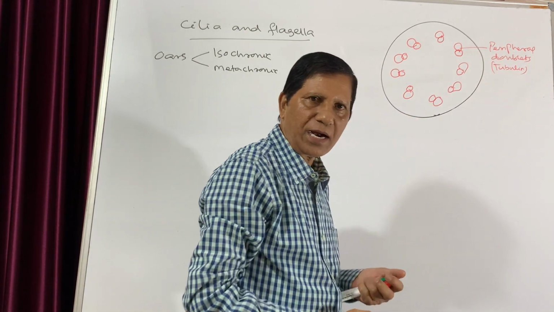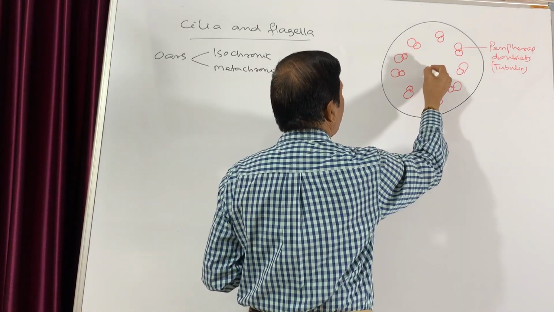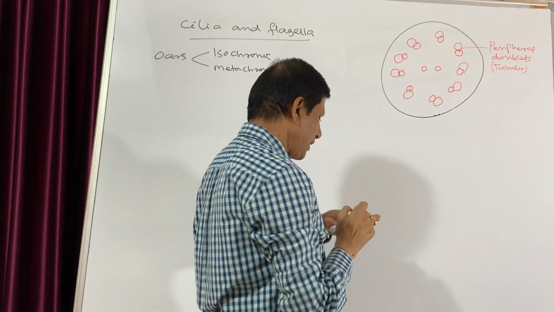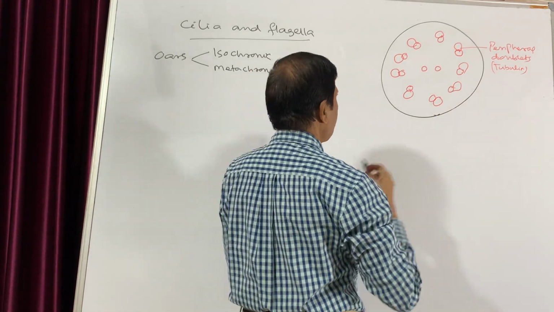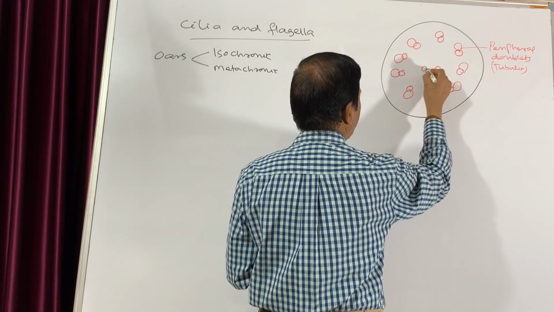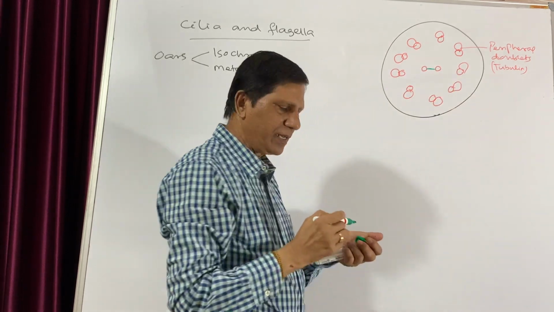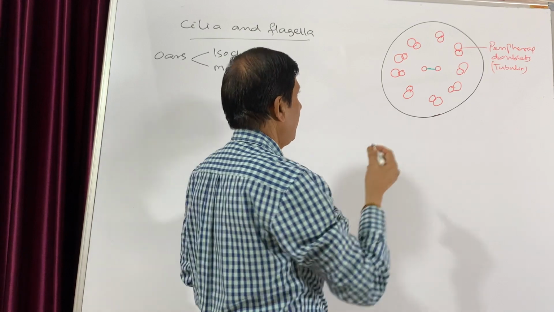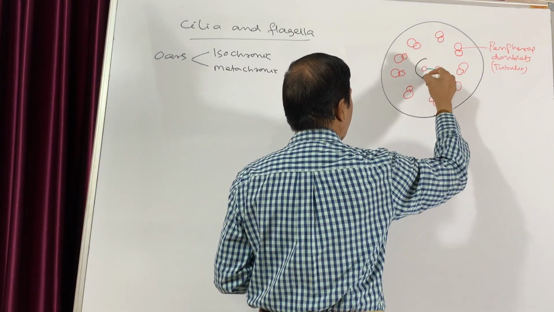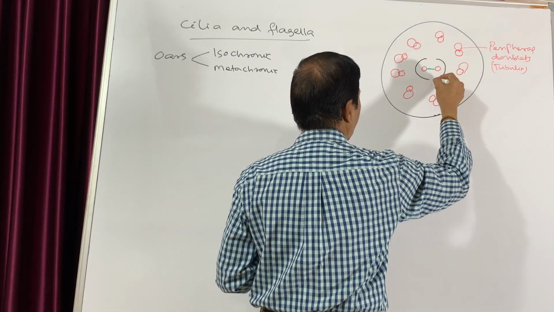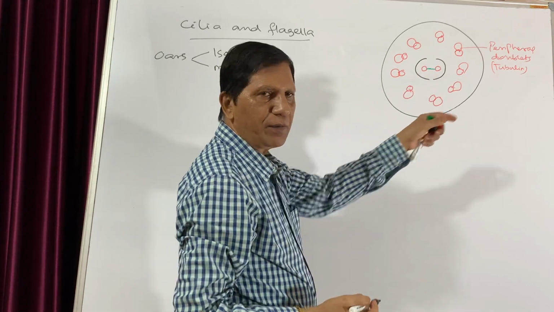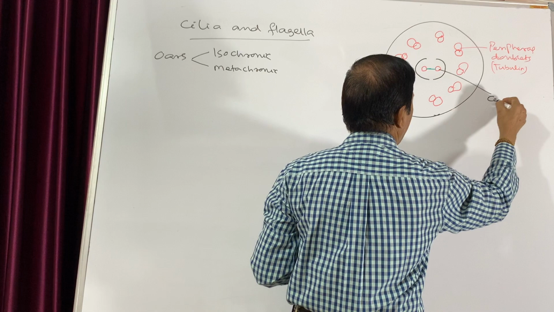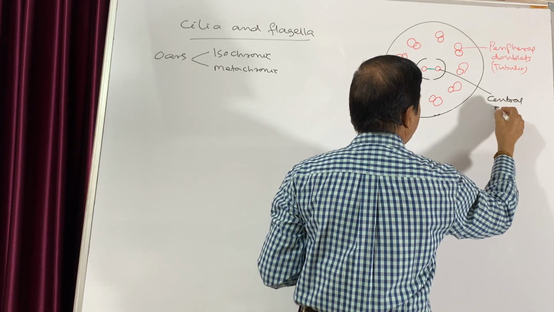In addition to that, there are two tubules at the center, which are connected by means of a bridge between them, and again they are covered by a sheath. That means these are the peripheral doublets and these are the central singlets.